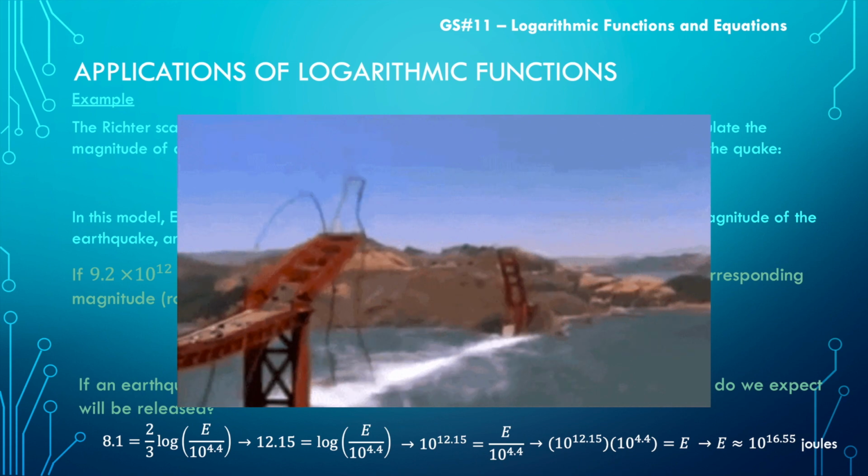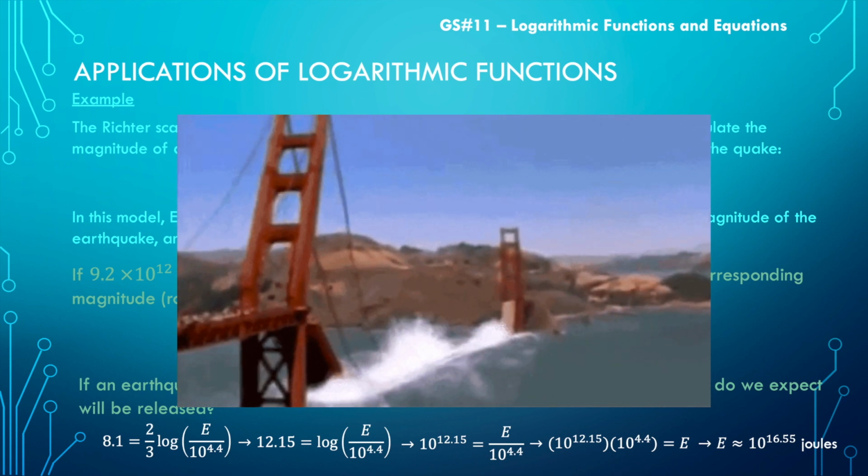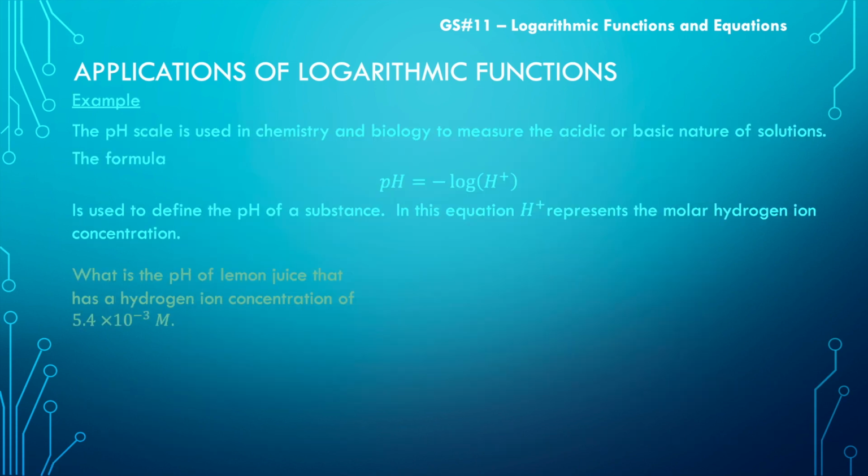Let's look at one more application of a logarithmic function. All right, another application of logarithmic functions is found when we look at the pH scale. Now, any of you who have had chemistry or maybe even biology know that the pH scale is used to measure the acidic or basic nature of solutions.